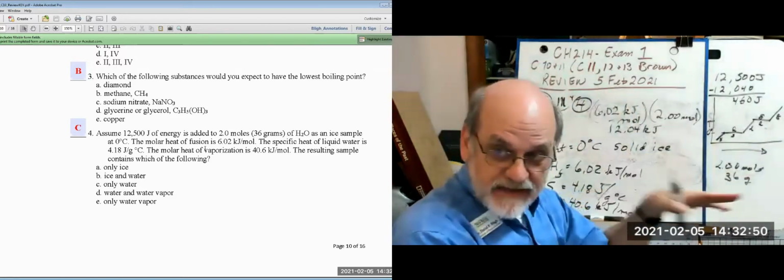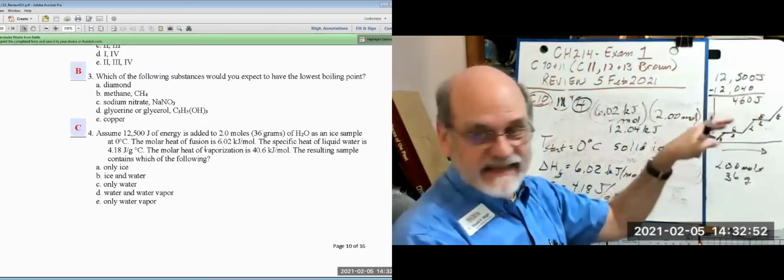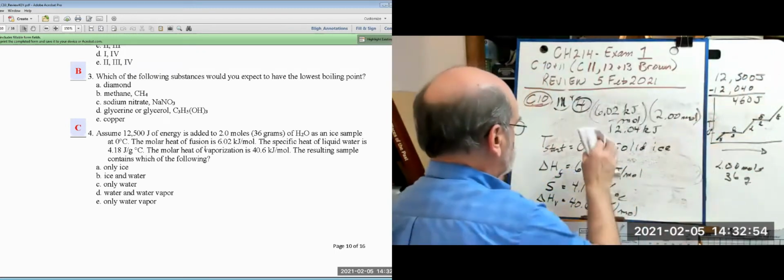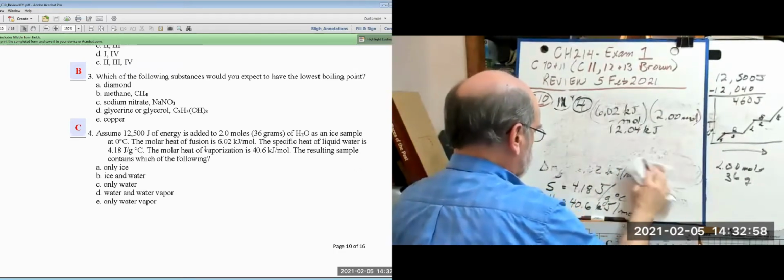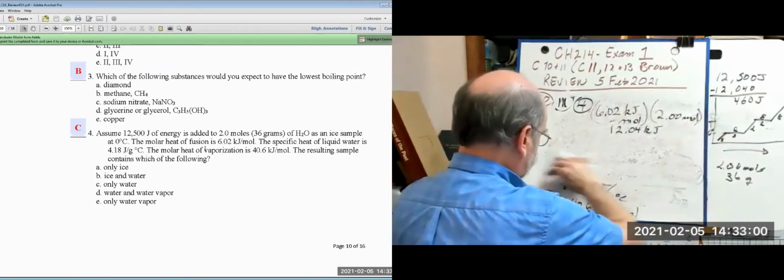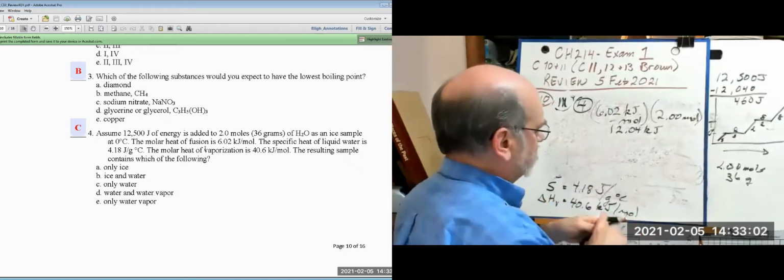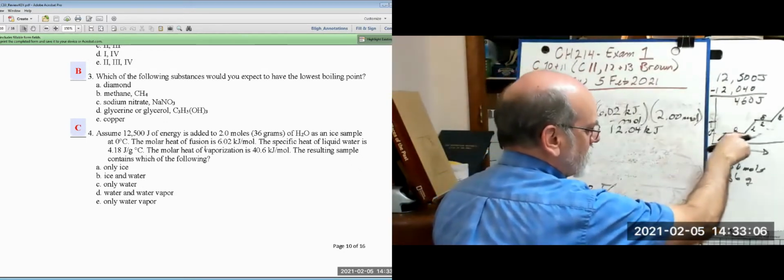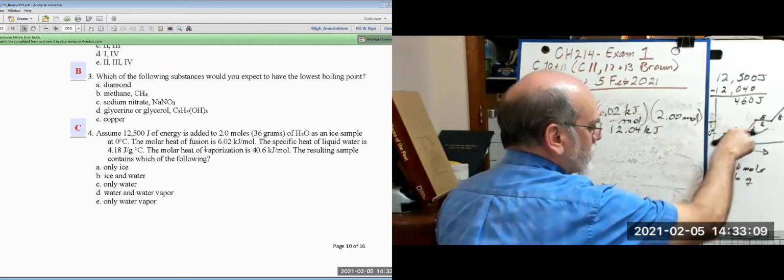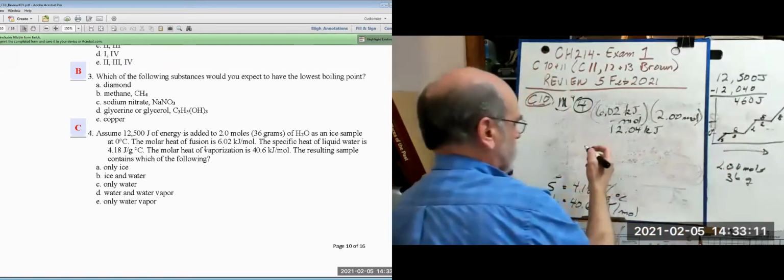So we're going to heat the liquid up and see if we can make it to gas. So what happens here? Let's see. As we're going from 0 degrees to what?